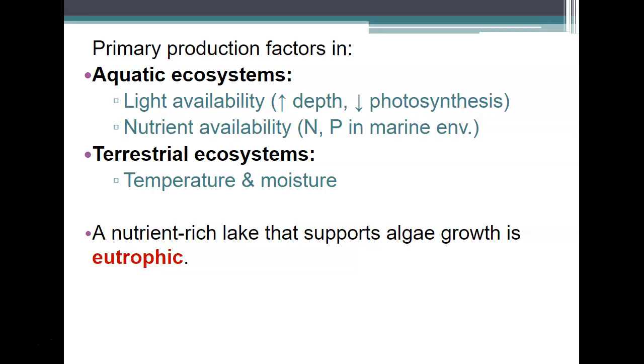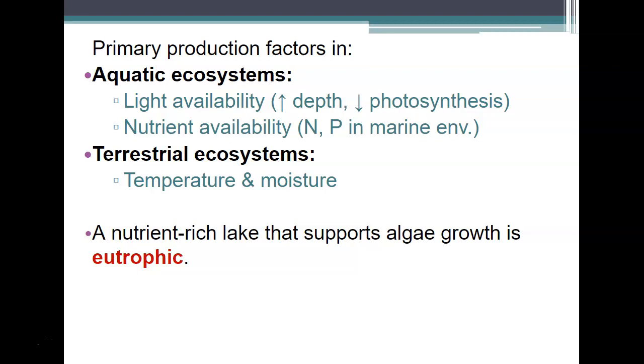And also nutrient availability. Nitrogen and phosphorus at a certain point can play into the amount of energy production something can give. And then on land, you have to take into account temperatures and moisture availability because those things can factor into the survival of plants.